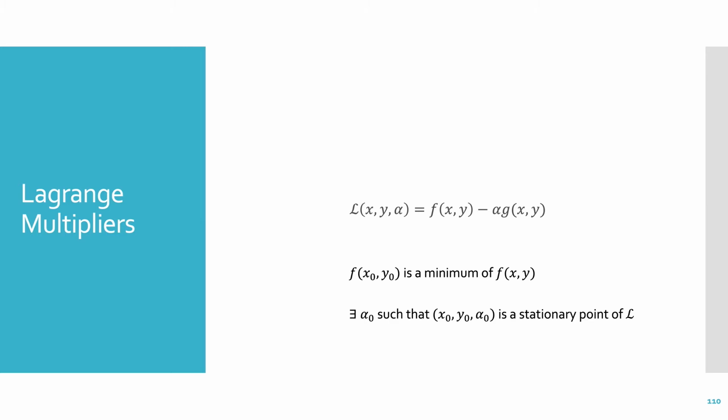If f of x0, y0 is a minimum of f of x, y for the original constrained problem, then there exists an alpha such that (x0, y0, alpha) is a stationary point for the Lagrangian. What's a stationary point? A point where the first partial derivatives of L are 0. Who cares? What does the Lagrangian formulation give us? It actually allows us to solve the optimization problem without explicit constraints.